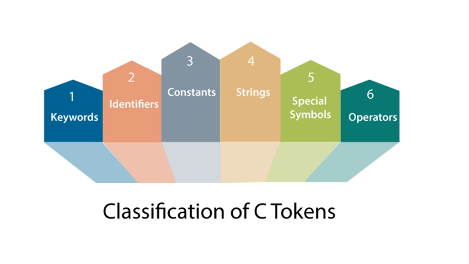Keywords are the reserved words. These are already defined in the language. It means that the keywords are well known to the compiler. By seeing the keywords, the compiler will automatically understand the meaning and the process for that keyword.